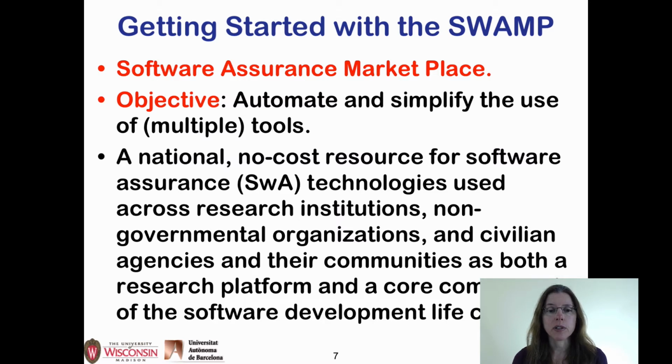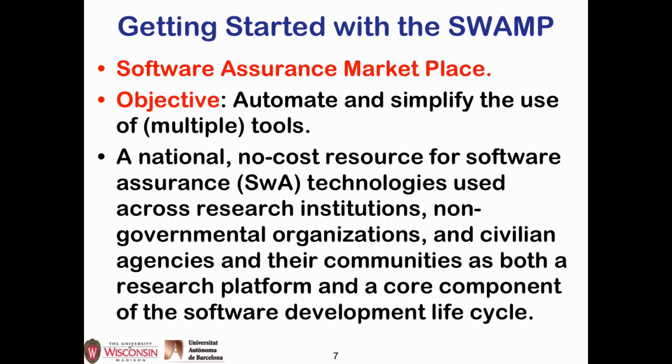Most programmers use at most a single assessment tool, and tool vendors really want you to use only their tool. The goal of the SWAM is to make it easy for programmers to get the benefit from using multiple tools. The SWAM is free of charge for all users. In addition, the commercial tools that run in the SWAM are free to use for research institutions and open source projects.